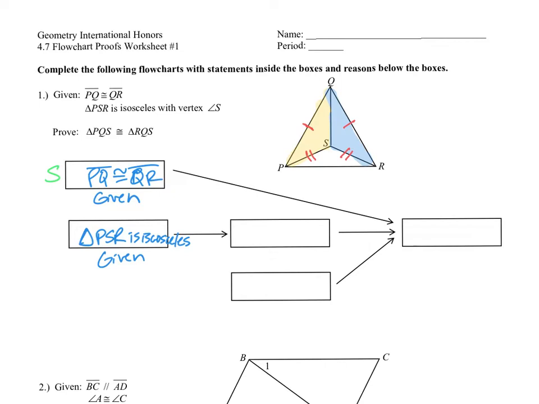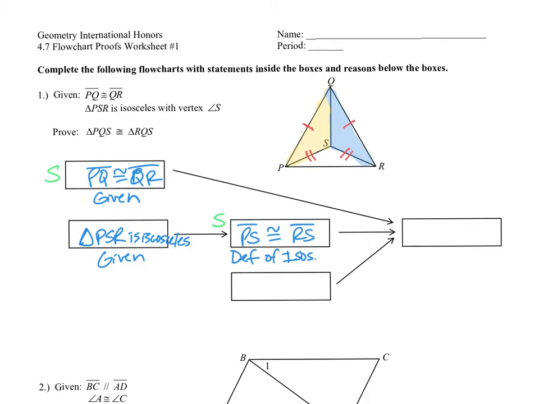That flows right from the fact that we assume that the white triangle is isosceles. I can say those two sides are congruent because that's what the definition of isosceles triangle says: a triangle is isosceles if and only if it has at least two sides congruent. So I'm going to put another S.